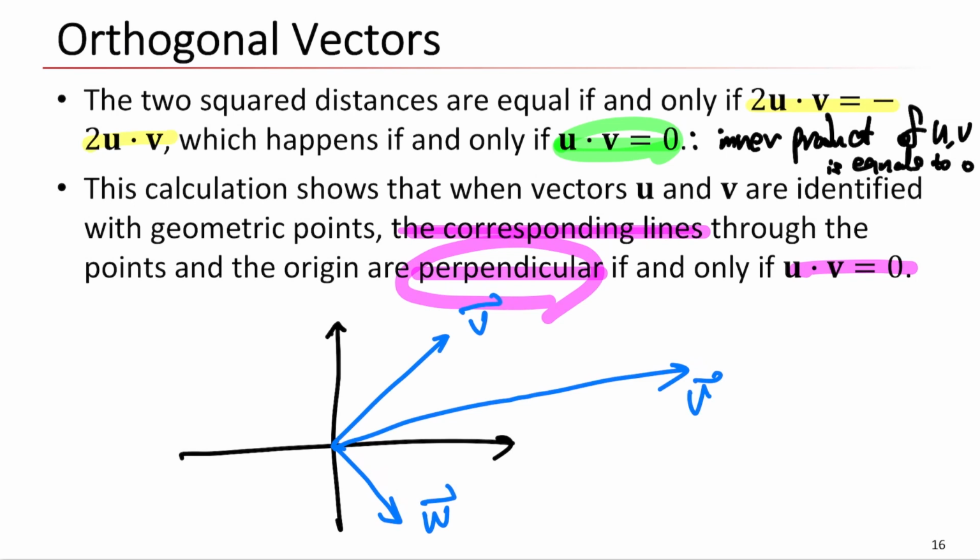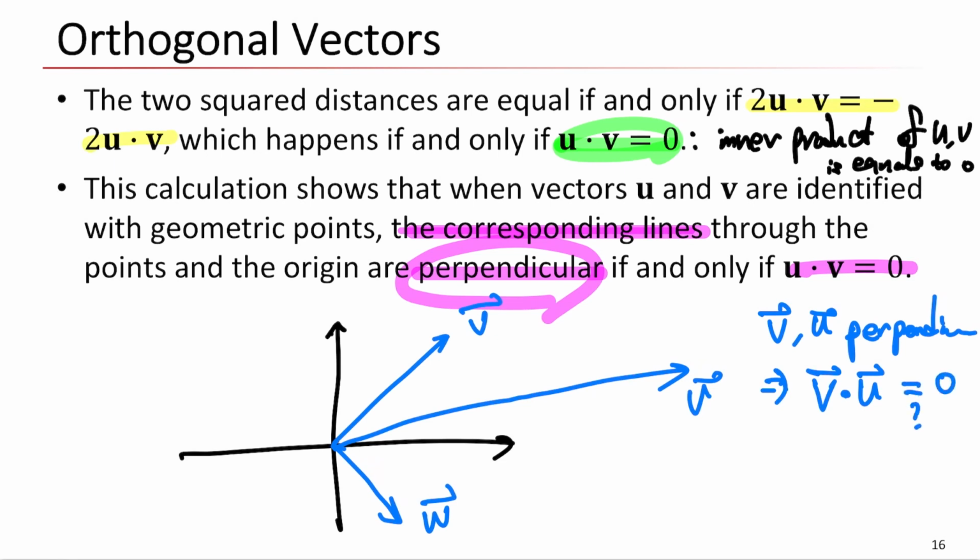So if we want to check whether vector v and vector u are perpendicular, then we can check whether v transpose u is equal to 0 or not, right?